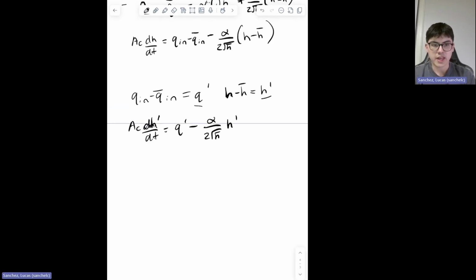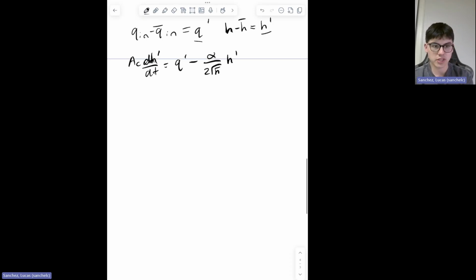Now that we have everything in terms of deviation variables, and it's a linear expression, everything's to the first power, we can now express it in the Laplacian domain.